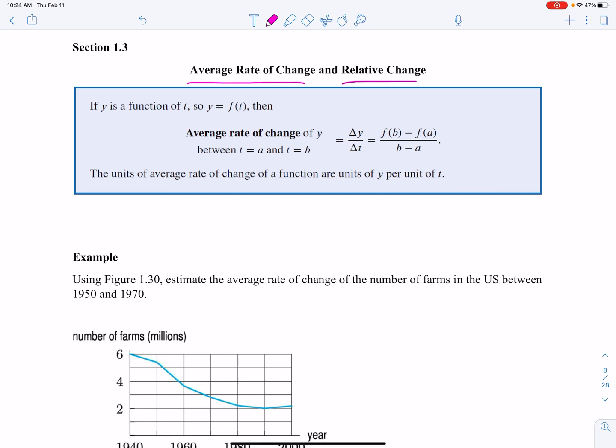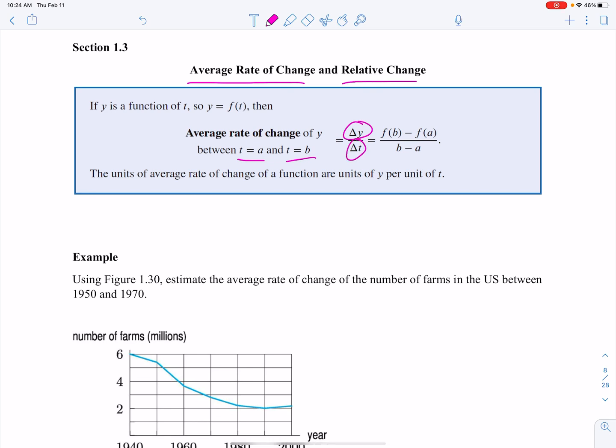All right, so first thing here, if y is a function of t, in other words, y equals f of t, remember t is the input, f is the function, then the average rate of change of y between time equals a and time equals b equals, and average rate of change, we've talked about that just means slope, right? And it's still the same, right?